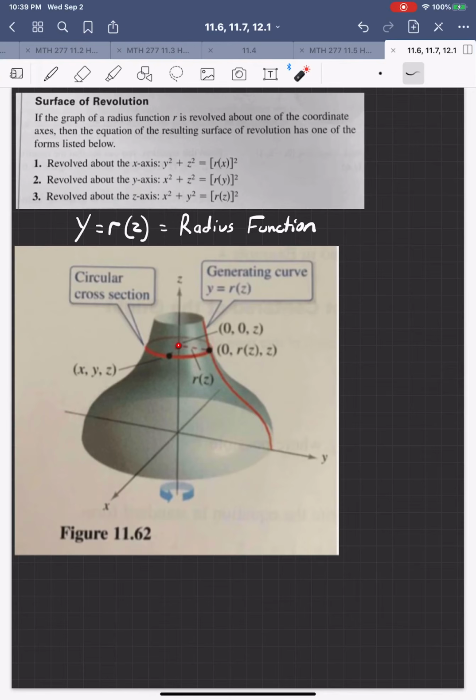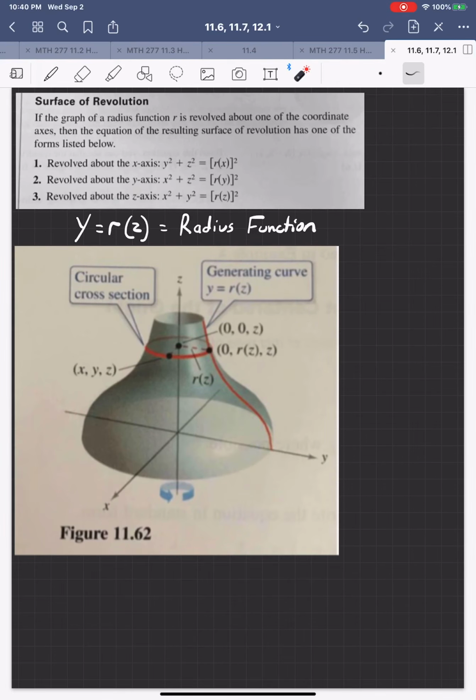And I think you can kind of see it from here. So you have a circle here of radius r, and the radius will change based on what? Based on where you are on the z-axis.